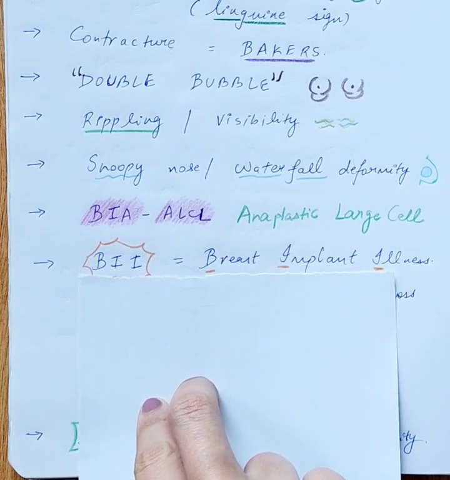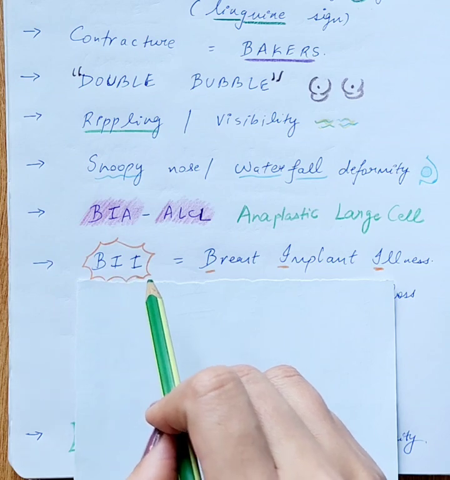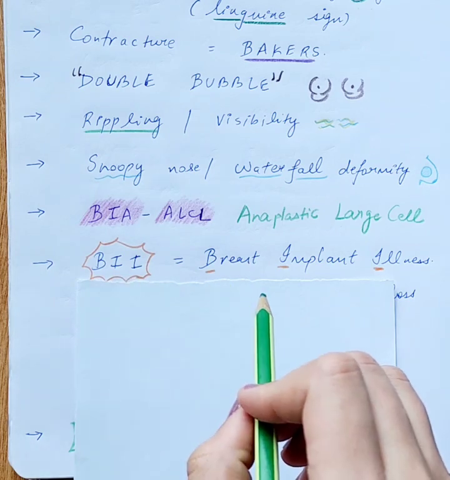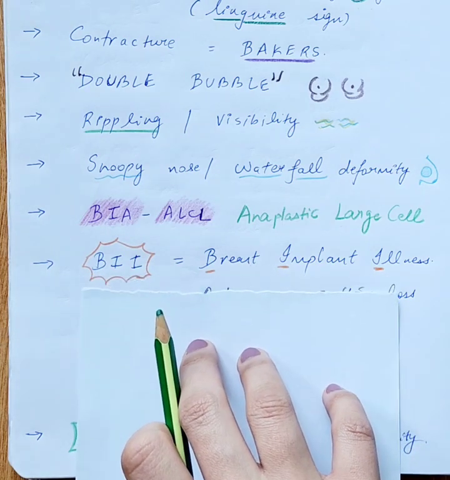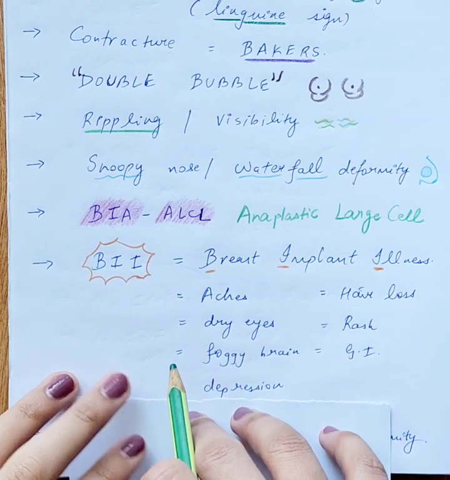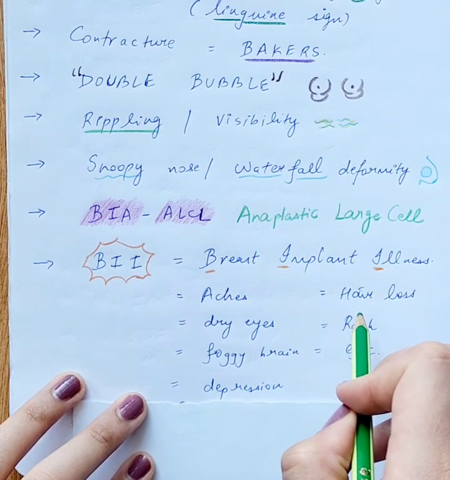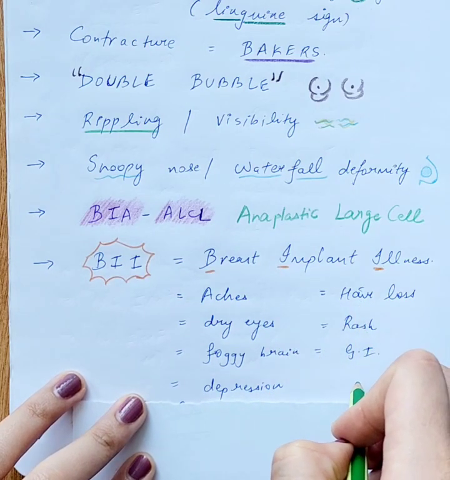A recently described one which has become very popular is the BII, which is the breast implant illness. This can have a wide range of symptoms, starting from body ache, dry eyes, foggy brain, depression, hair loss, rashes, gastrointestinal symptoms.